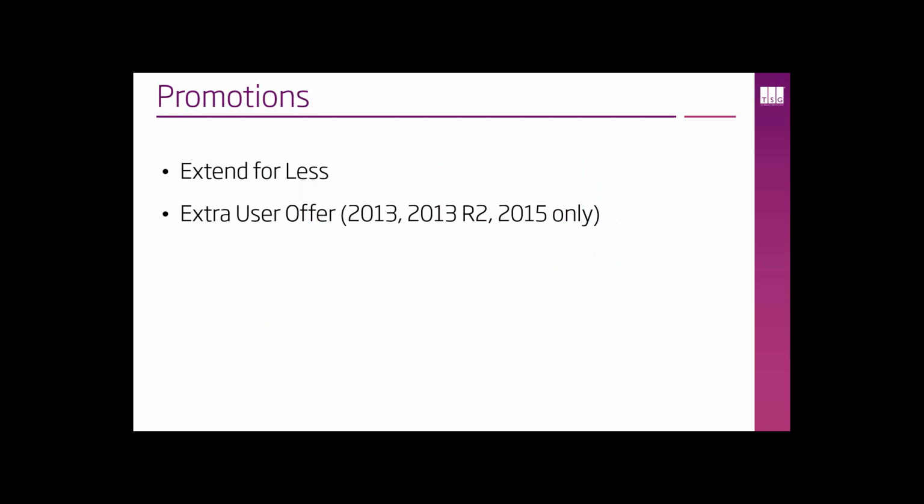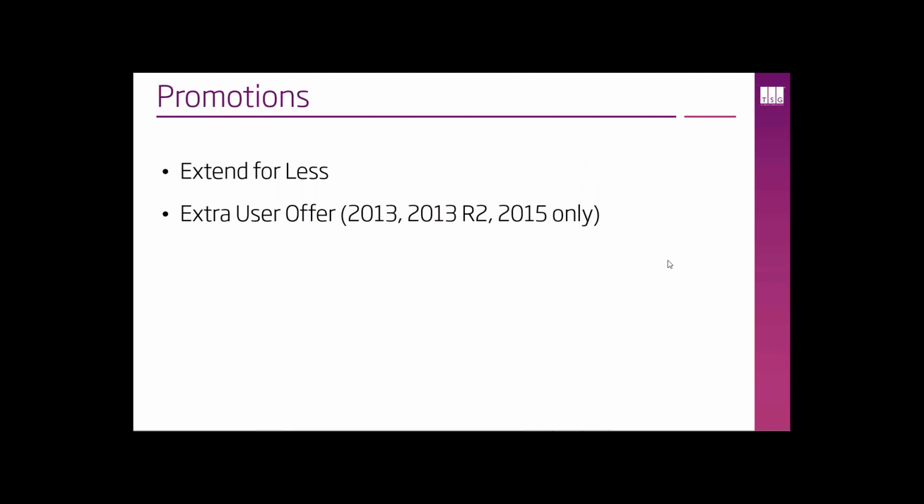I've deliberately not put prices on these slides because there are certain criteria when you last took a promotional offer, so I might be misleading you. All I will say on this is if you've got the starter pack at the moment, you can get the extended pack with a couple of extra users on it for less than you would normally pay for the extended pack.